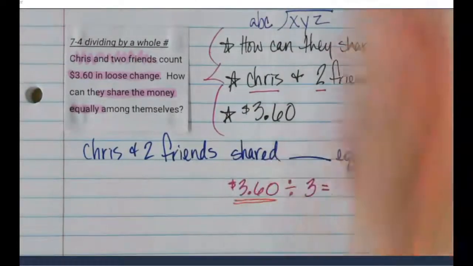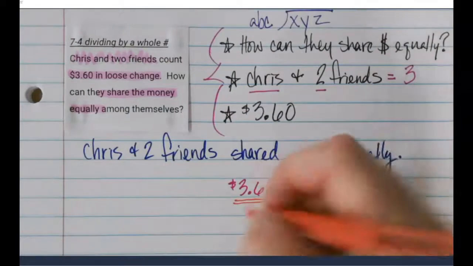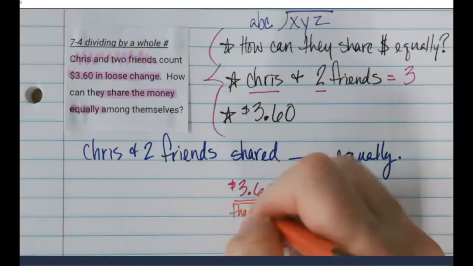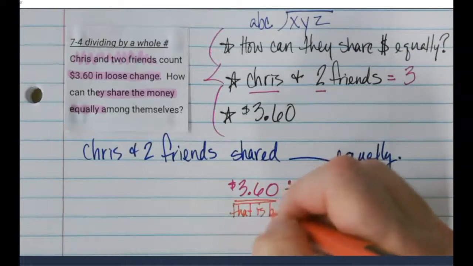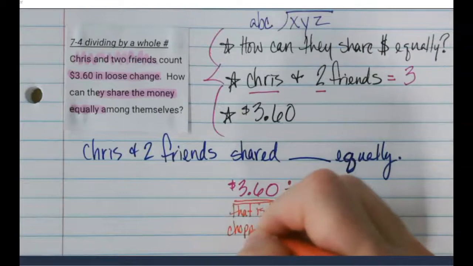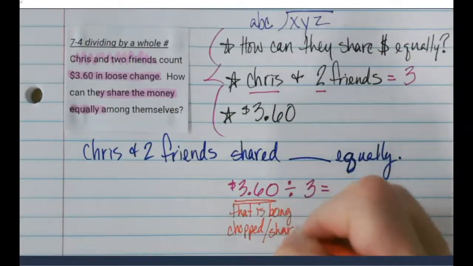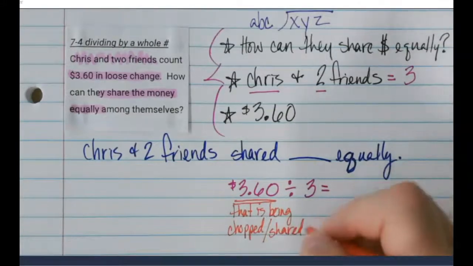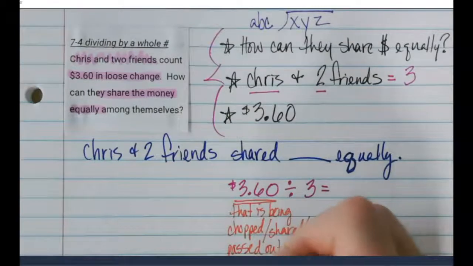The first number, when you're doing a division mathematical sentence, that is the thing, you're writing this in your notes, that is being chopped up. So if it's a cake, right, or cupcakes, it's being shared. Well, that's what's going on here. Or it's the thing that's being passed out, okay?